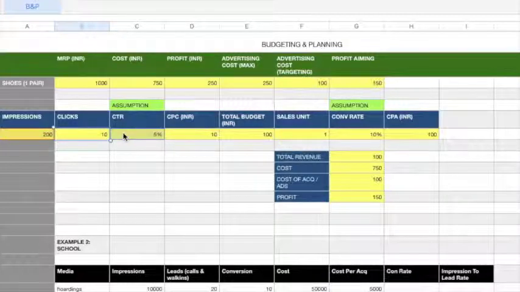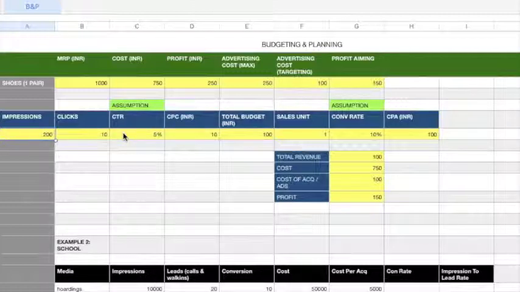So you know that your clicks are 10 and CTR is 5%. So if impressions were X, then 5% of X will be equal to 10, which means X will be 10 into 100 divided by 5, right? Simple formula, and impressions would be 200.